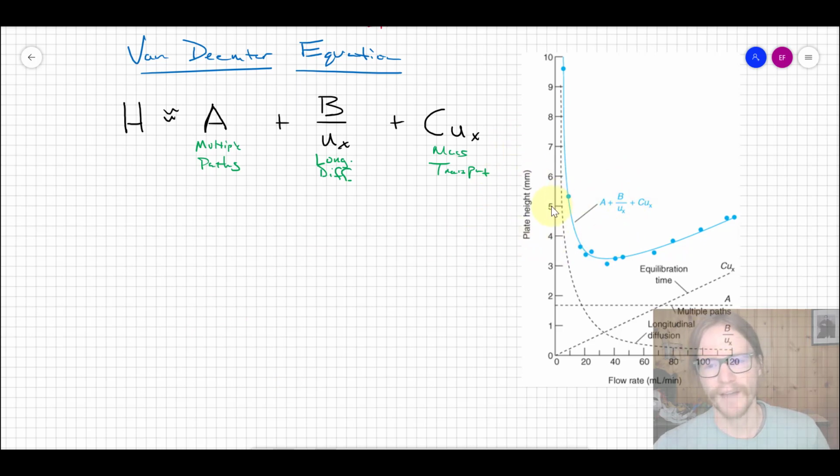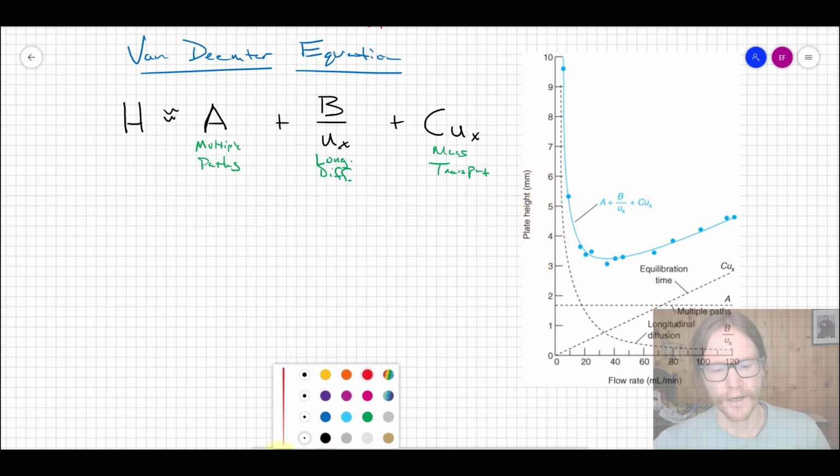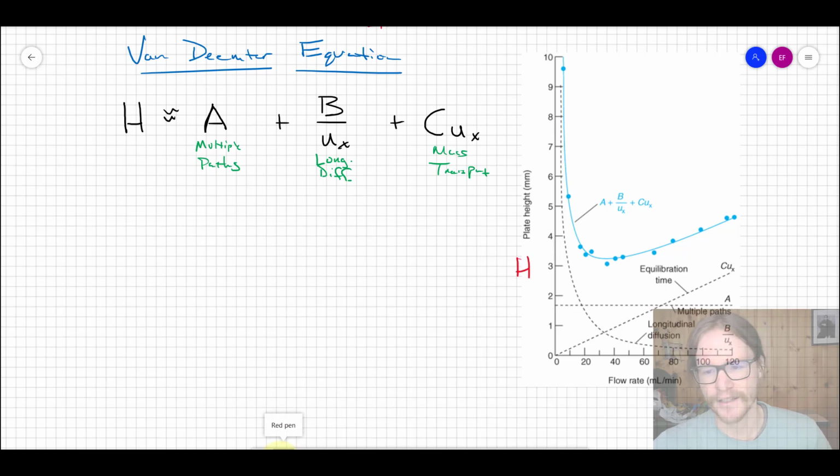And what you can see is that we have the plate height, h, on our y-axis, as a function of ux, the flow rate of the system.